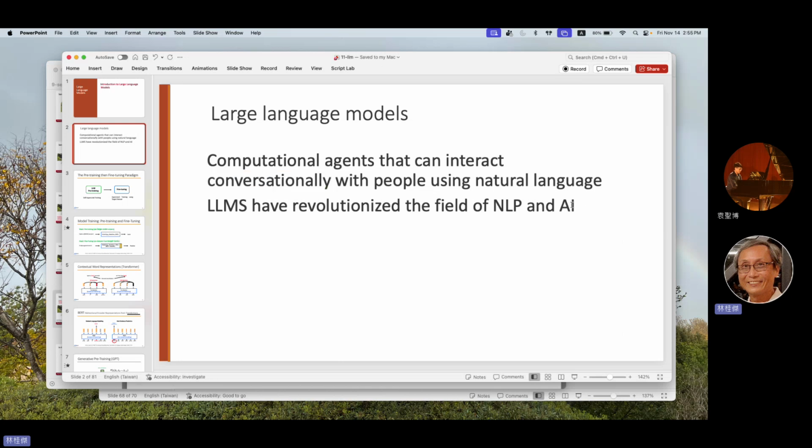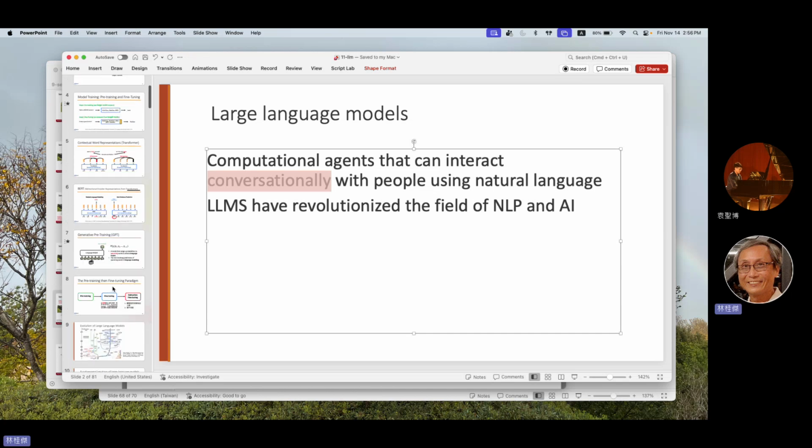So it's still AI, but now the AI is no longer just processing pictures. The AI needs to be able to understand the conversation, the sentences that people have given to it.